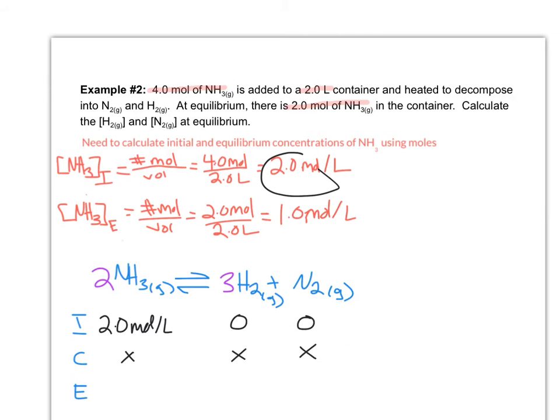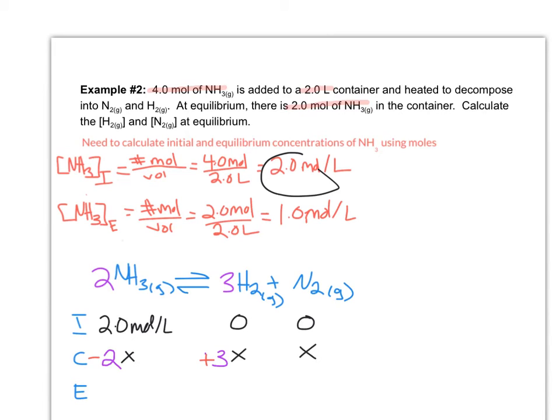And then we have to manipulate that X. So for our NH3, because there's a 2 up there, we need to put a 2 here. And because it is a reactant and we're losing reactants, it's going to be a negative. We're going to see a decrease in the amount of reactant. Our hydrogen, because we have a 3 up here, we have to put a 3 here, and we're gaining product, so we put a plus in front of that.